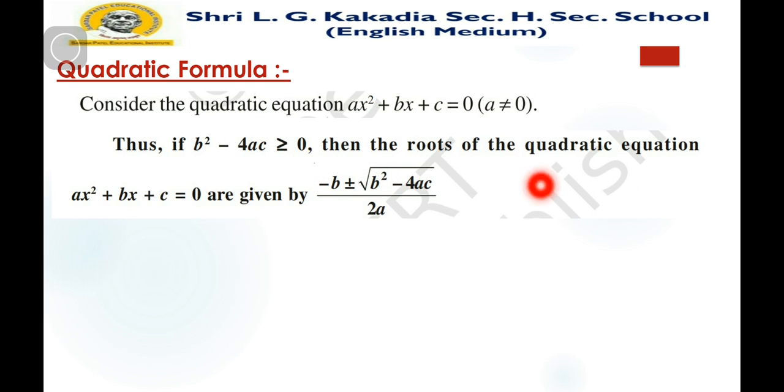Then the roots of the quadratic equation ax square plus bx plus c is equal to 0 are given by the formula: minus b plus or minus square root of b square minus 4ac, divided by 2a. We have taken plus or minus, which means we are going to find two roots of the given equation, one time we put plus and one time we put minus.